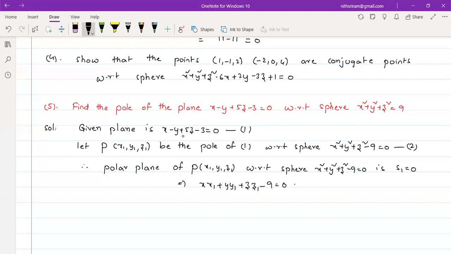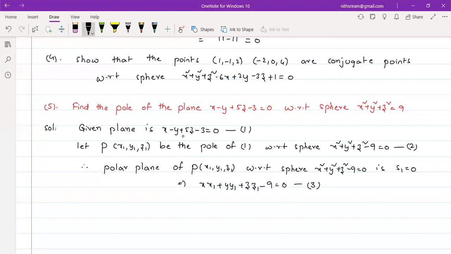If you observe this equation, here x1, y1, z1 is a point, it means that it is a constant. So in x, y, z it is a plane equation. So this is the polar plane. Equation 3 represents a plane equation.